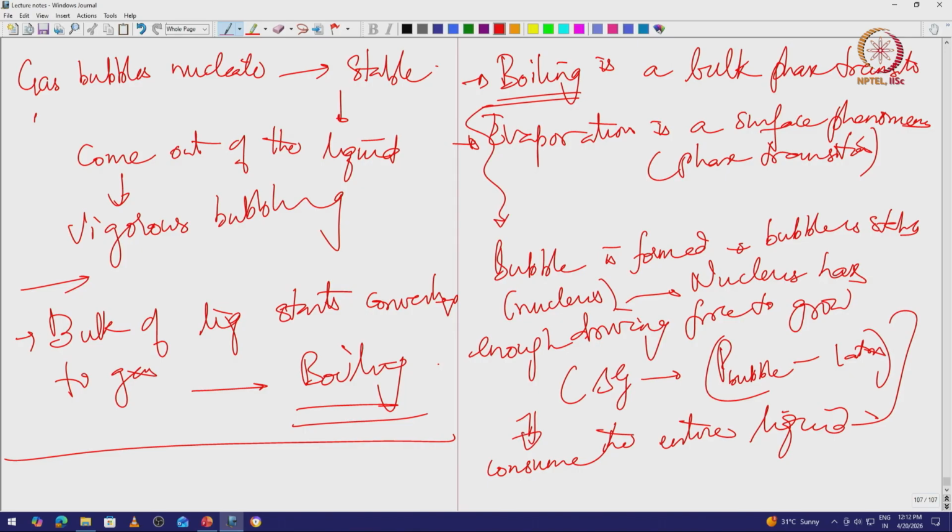Beyond boiling, there is no bulk, no surface, everything should be gas, okay. So that is the idea of boiling versus the idea of vaporization, okay. So all right, again, these phase diagrams help you understand your day to day things, right. So here is a very simple example of drying and boiling, right. And through boiling, remember this bubbling, the formation of bubbles inside the bulk and their growth.